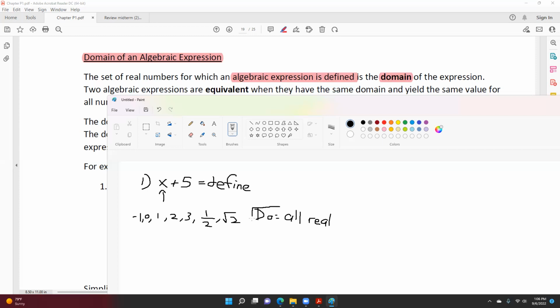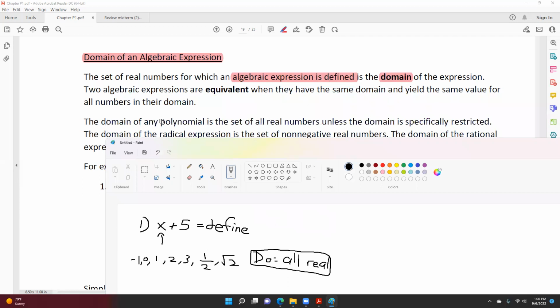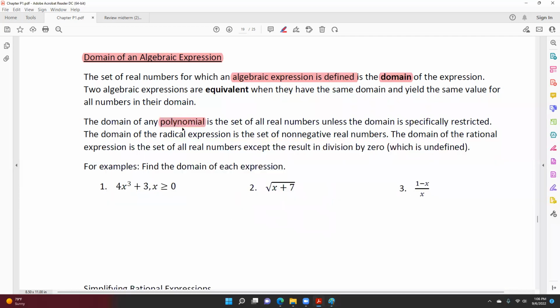Okay, so we have a little trick behind this. For any polynomial expression, your domain will be all real numbers. I think you guys remember polynomials, right?